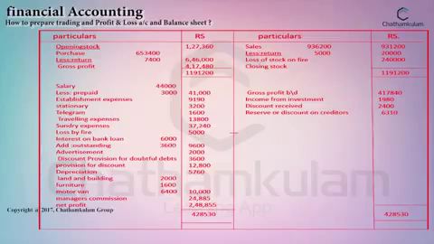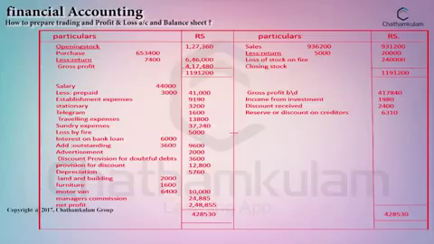Now let's see what are the items on the trading account's credit side. The first item is obviously sales. There is sales return, so we are just deducting that and writing the net amount on the outer column. The next item is loss of stock on fire.